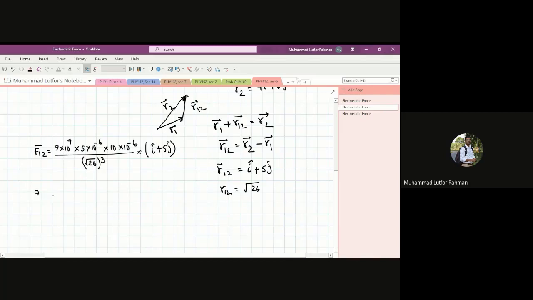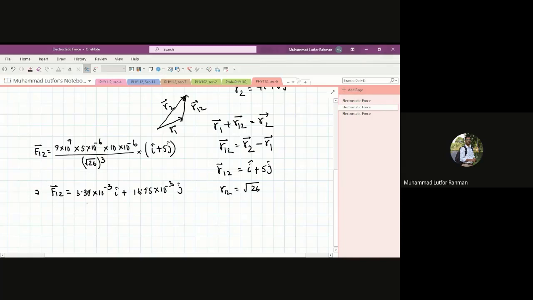This is just a numerical solution. If you solve it, you will find that the force would be 3.39 into 10 to the power minus 3 I hat plus, let me check that one, 5 J, yes, 16.95 into 10 to the minus 3 J hat.